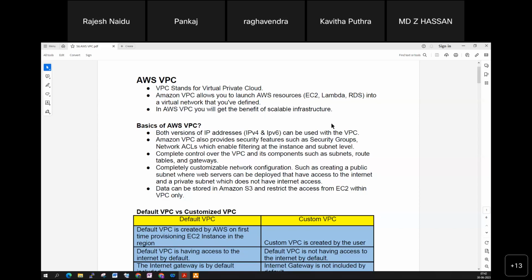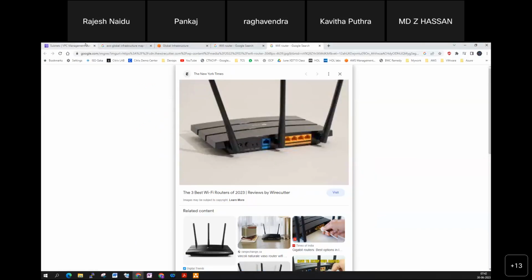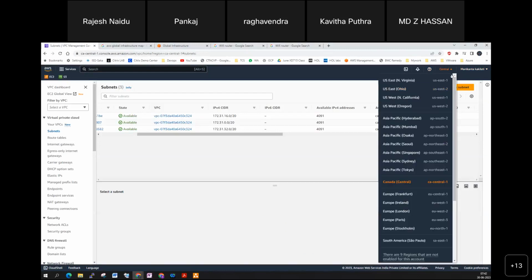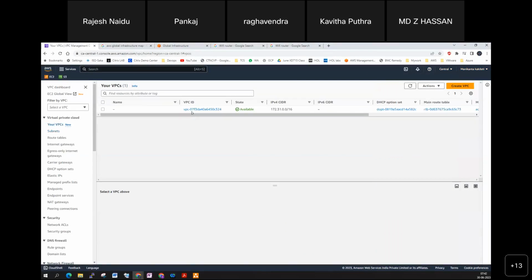Okay. So now coming here, by default you can check any region, out of 32 or 31, any region you can go. Definitely a minimum of 1 VPC is available. Suppose right now we are in Canada, so by default 1 VPC is available. This is called a default VPC.